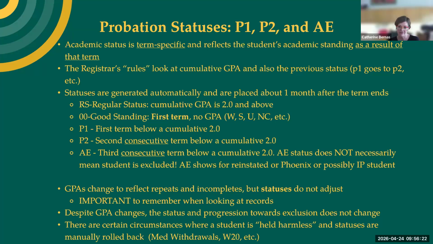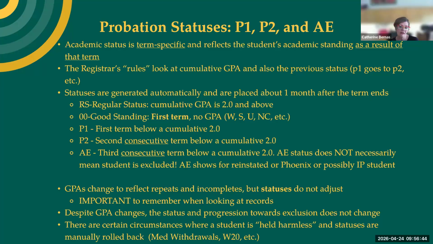And we're going to talk a little bit more with some cases in a minute. But it's important to look at the statuses in relation to the GPA when you're looking at a record. So those statuses stay static. And there are certain circumstances where we might hold that student harmless and statuses are manually adjusted or rolled back.